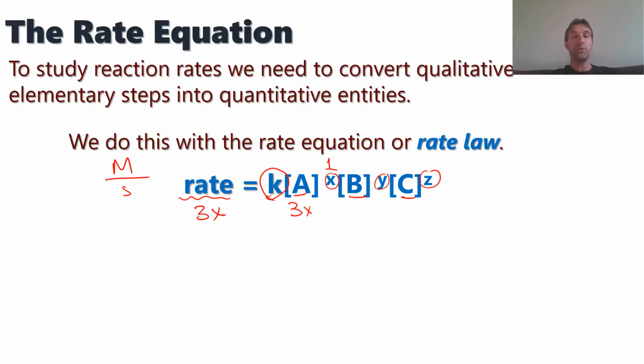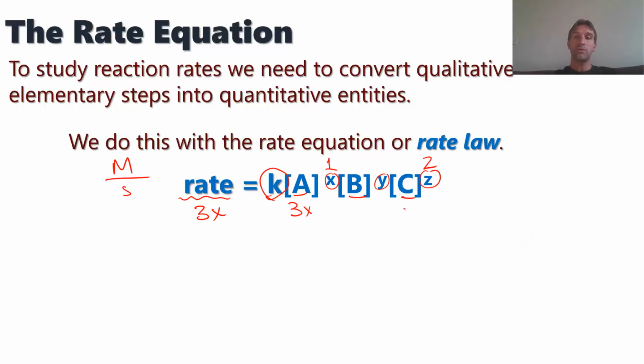If I triple the concentration of A, I triple the speed at which this reaction takes place. If we look at C, and let's say that I have an order of 2 on z, well, that means that I take the molarity of C and square it in order to find the rate change.